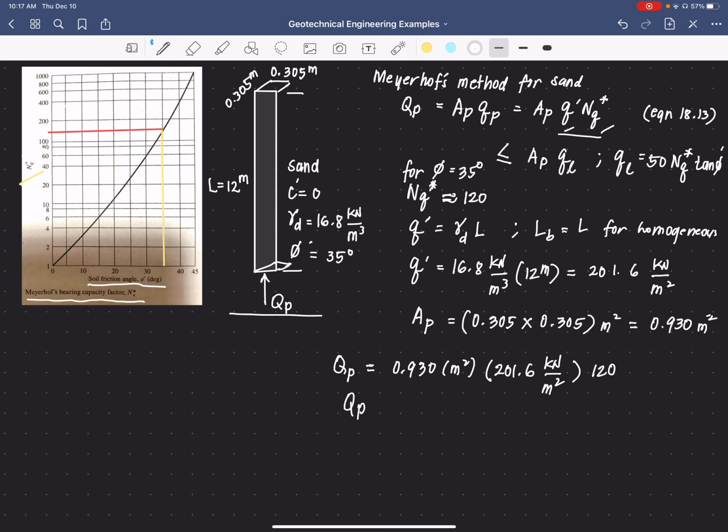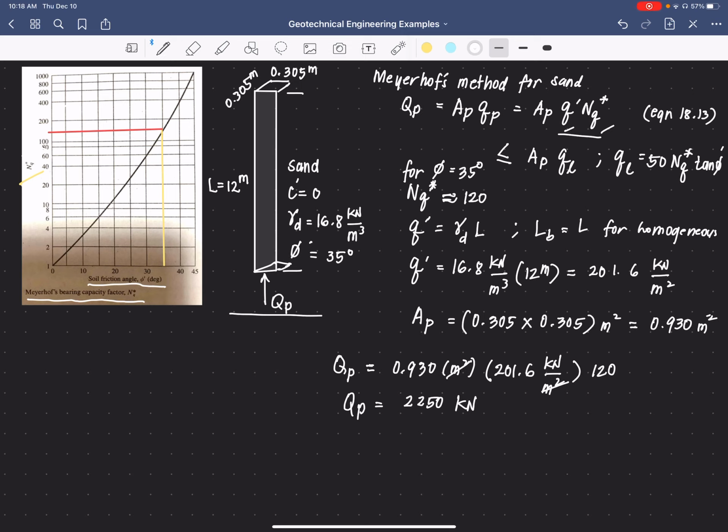So obviously, the unit becomes kilonewton, and calculating, we can get a value equivalent to 2,250 kilonewton. So 2,250 is the ultimate capacity at the tip of the pile, or at the end of the pile.